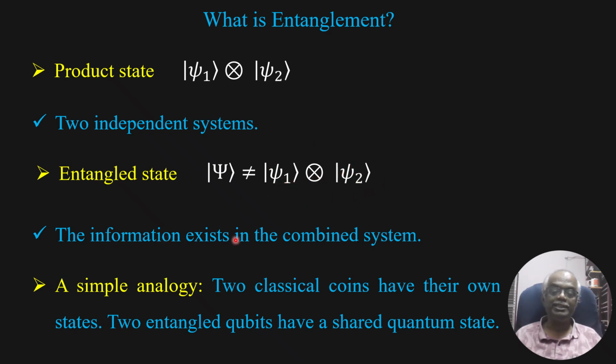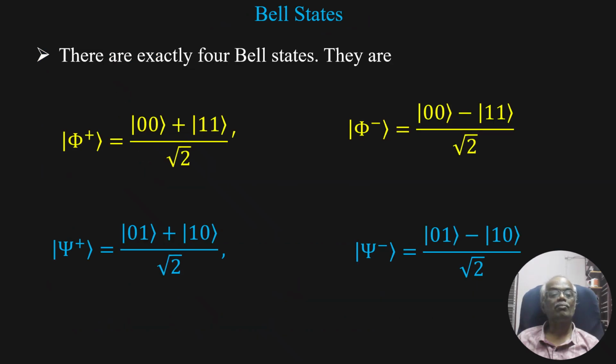The information exists in the combined system, not like independent systems as in the product state. A simple analogy: two classical coins have their own states, but two entangled qubits have a shared quantum state. That is the major difference between the product state and the entangled state.